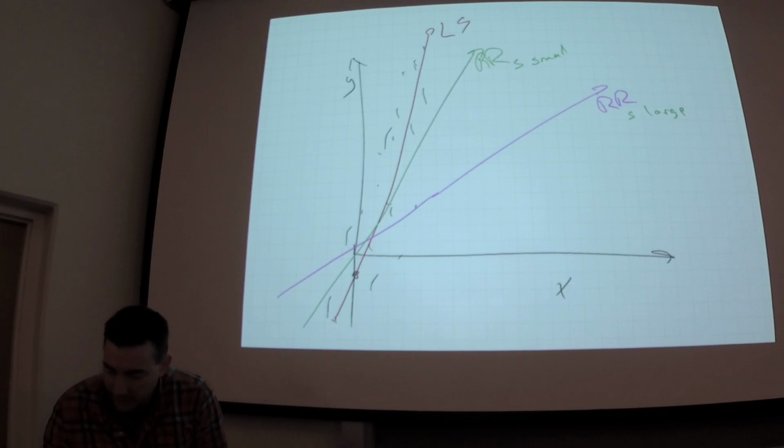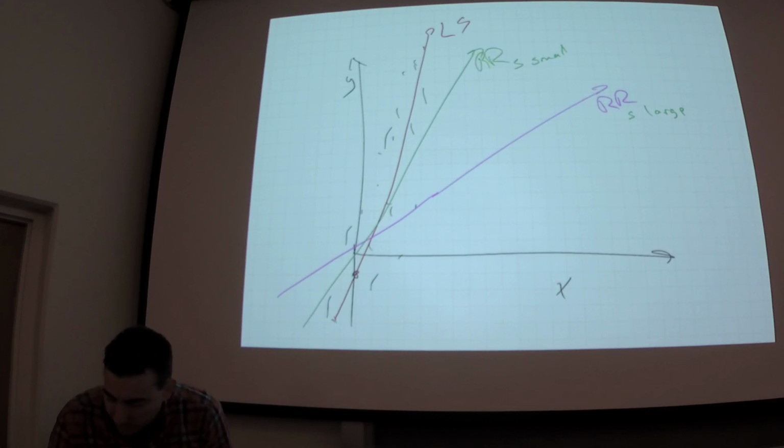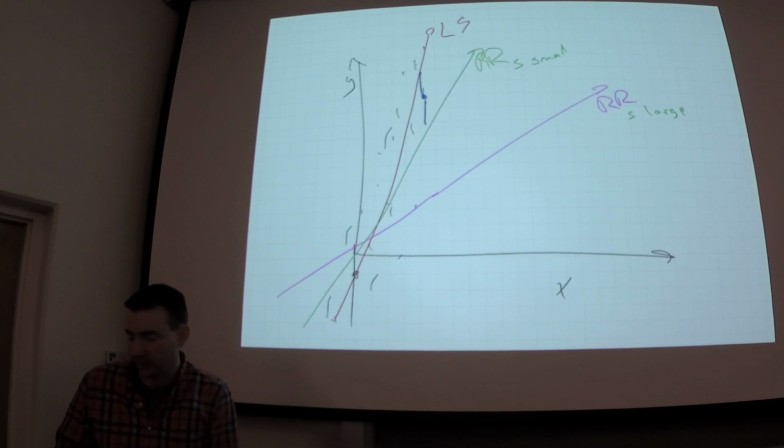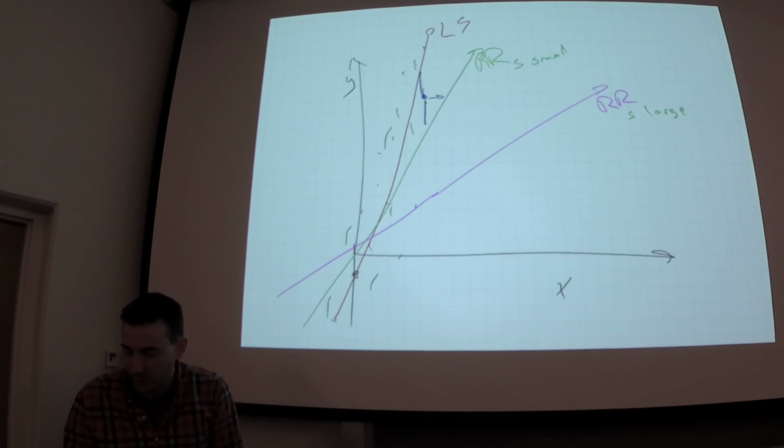One way of thinking about that is, instead of having new data come in, let's take one of these data points, which has error here or here. And let's say there was a little bit of noise in the x-coordinate.